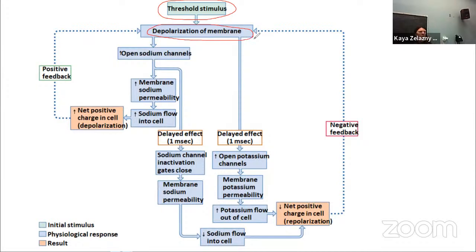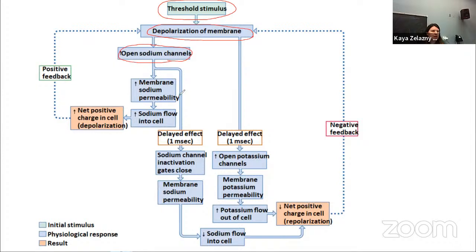Once we are at -55, this triggers our voltage-gated sodium channels because they are responsive to that charge. Their response to depolarization to threshold is to open more voltage-gated sodium channels. So our sodium channels open. Sodium has a strong electrochemical driving force to move into the cell. It always wanted to get in, and now it can because we have open channels.